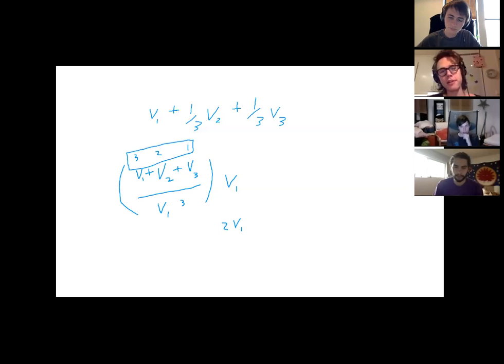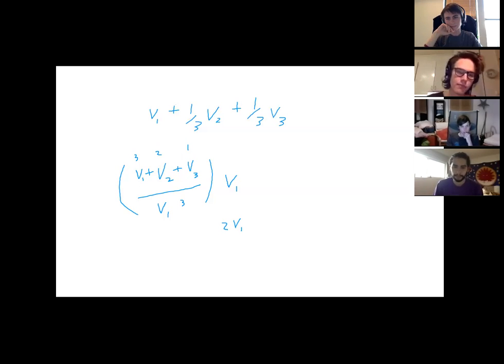I just realized that you can set v1 plus v2 plus v3 equal to 1, because this is going to be larger than 0, since they're all larger than 0. You want all of the probabilities to be equal, right?